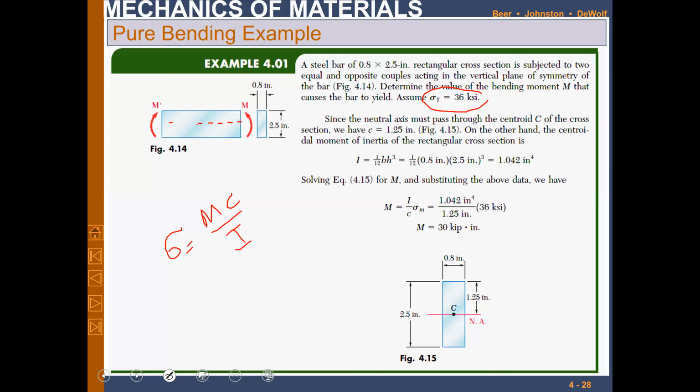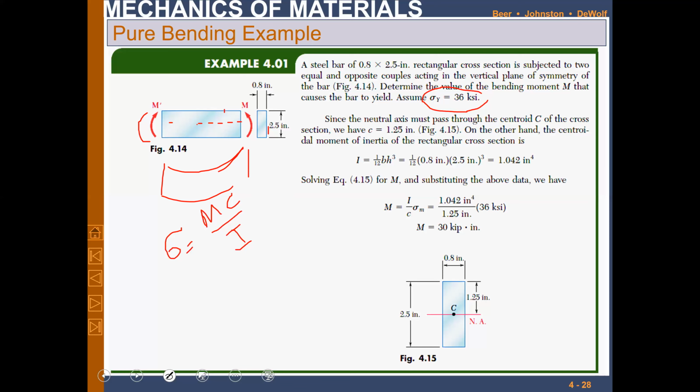And C will be 1.25 upward, or C may be 1.25 downward, because this is a positive bending moment. When you apply this moment, it will bend like this, and because this is the positive y direction, assume that this is positive bending, right?